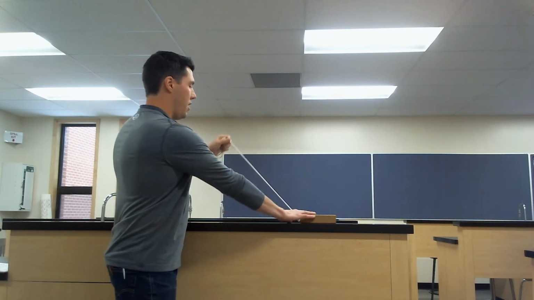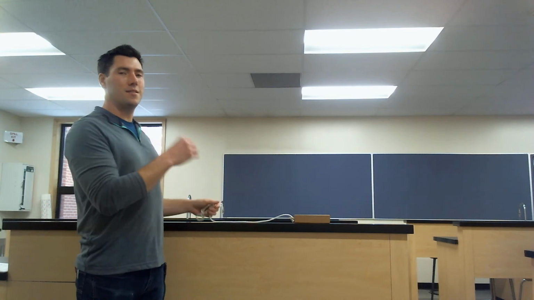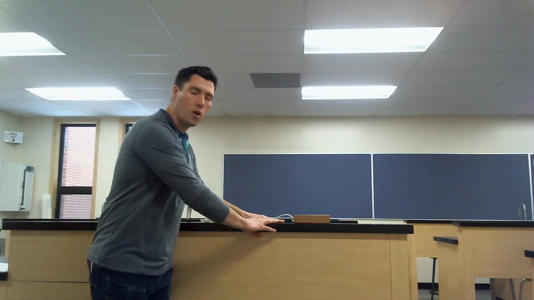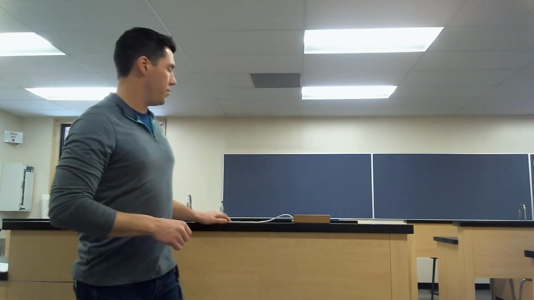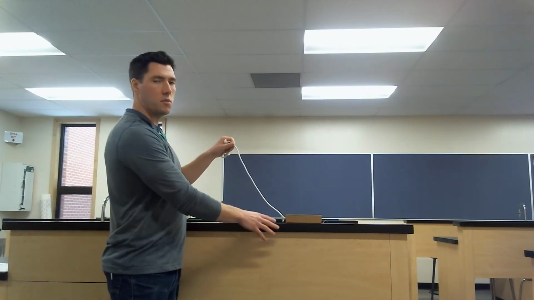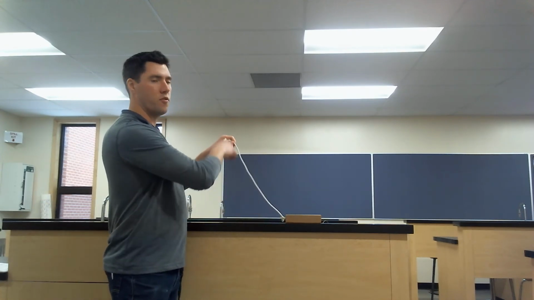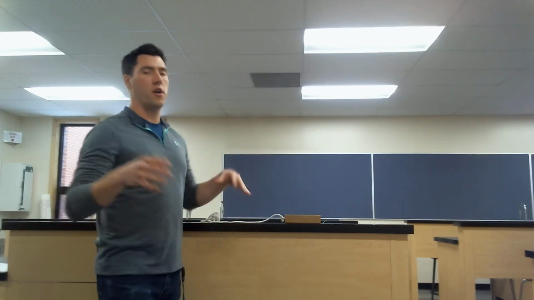Each time I slowly pull up, there's less and less force needed for the table to hold it up, because I'm taking some of that force away. So when I pull up, some of that force normal is not going to be there. When we find this force of y, we're going to interact it with the force normal to find our friction force.